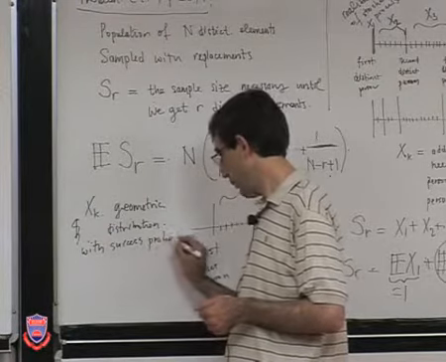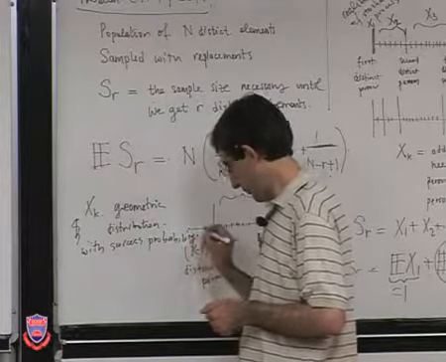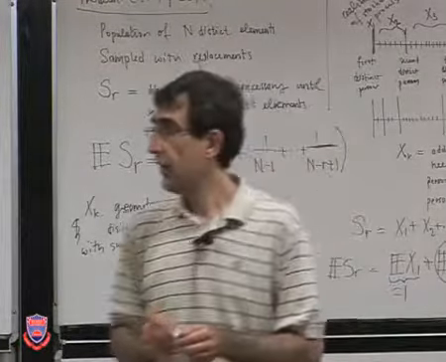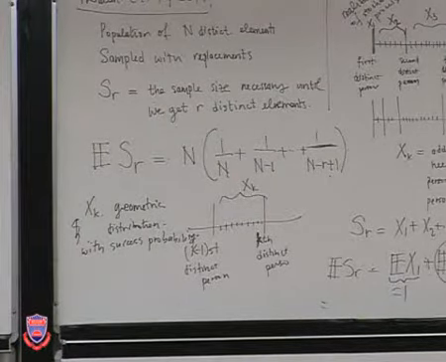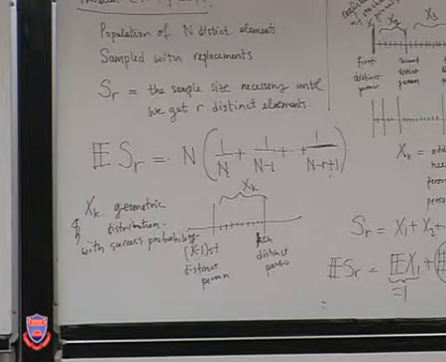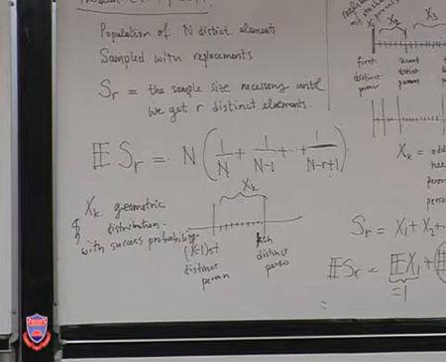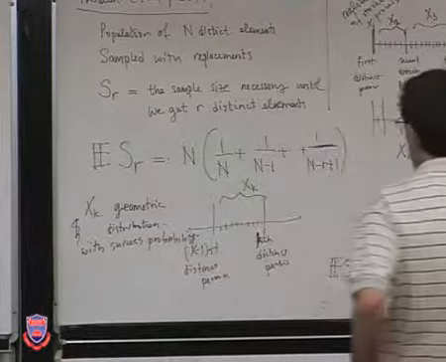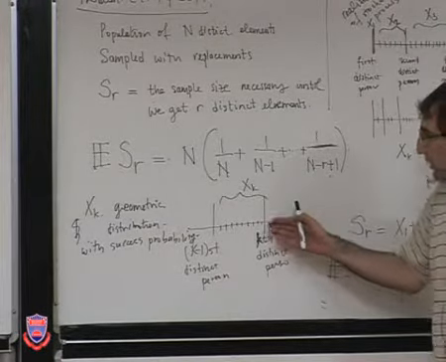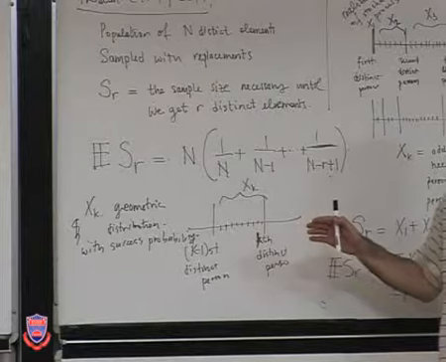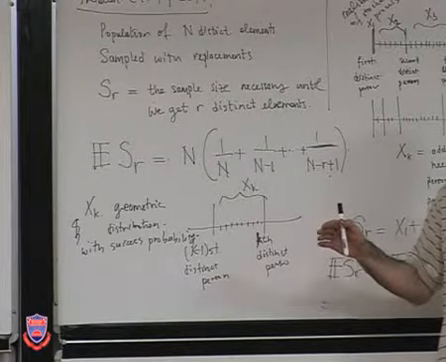When do we have a success? You get a success if we meet a person for the first time. So when does that happen? What is the probability of that?